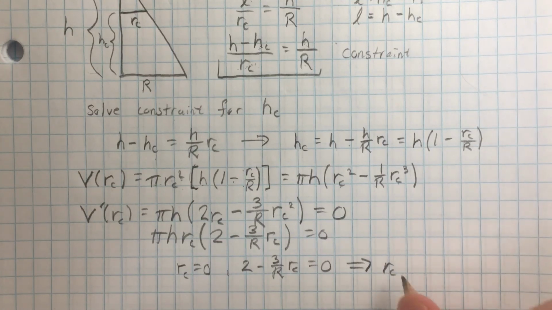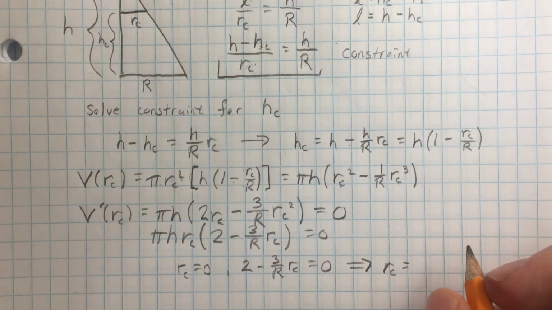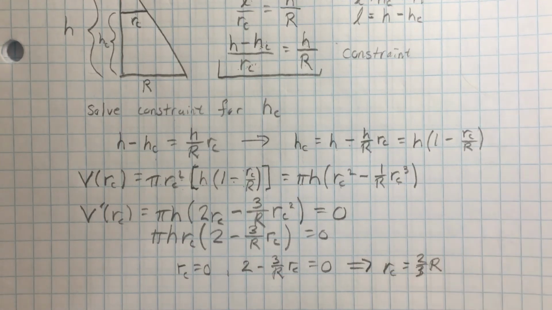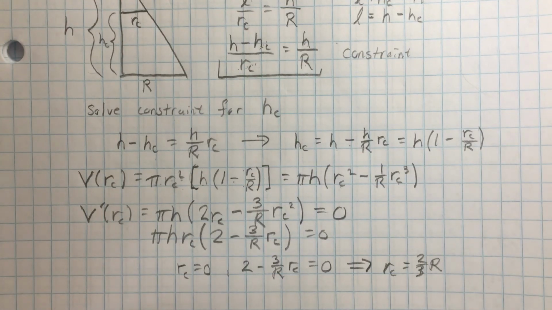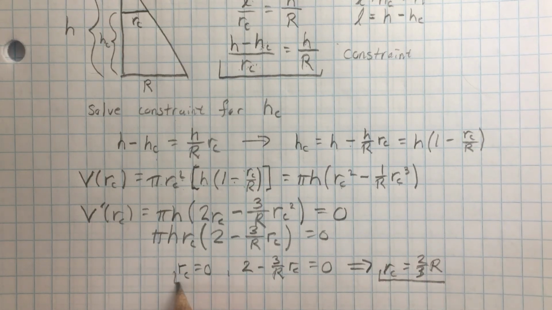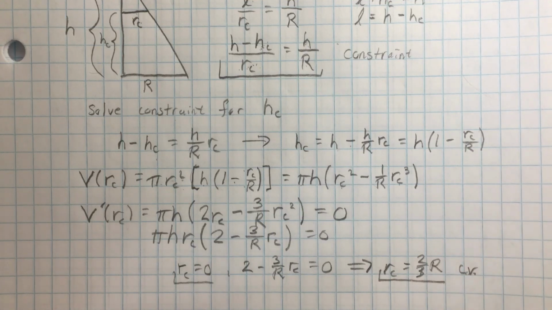Something like the radius of the cylinder would be 2/3 the radius of the cone. Okay. So those are our two critical values. Two critical values we have there: rc is 0 and rc is 2/3 R.